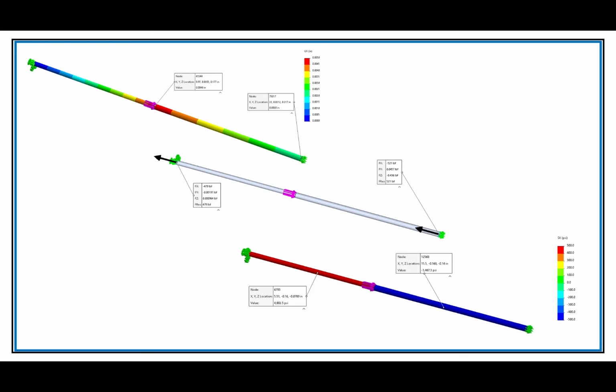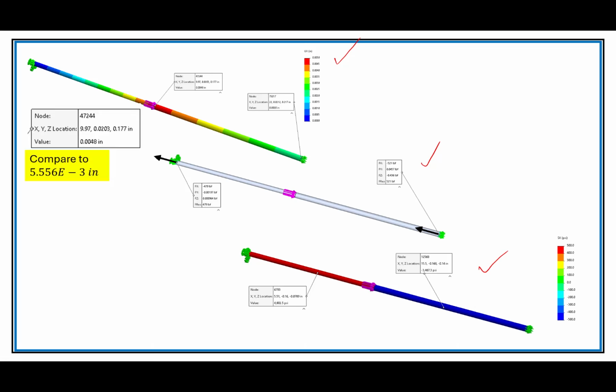Now I have made some elements, beam elements, I believe I used, to try to duplicate what we have there. Up here is a displacement, up here is a force, and right here is a stress in PSI, so that I can make a comparison.